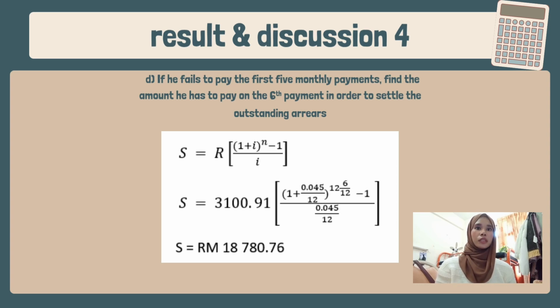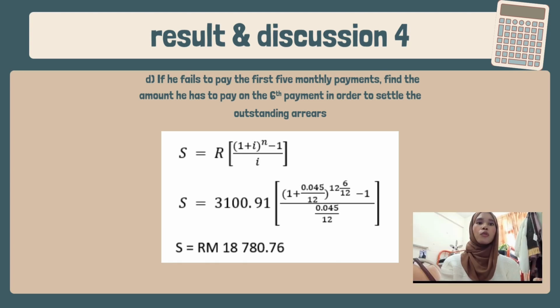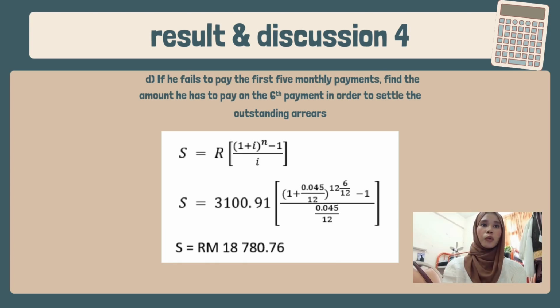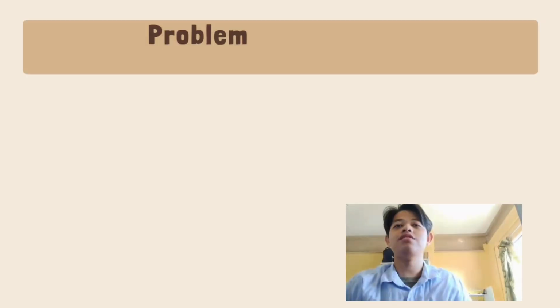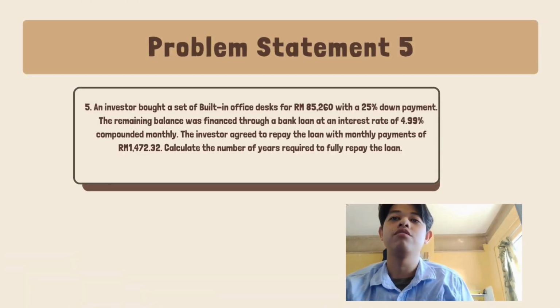S equals 3,100.91 open square bracket 1 plus 0.045 per 12 close bracket power of 6 minus 1 per 0.045 per 12 close square bracket. If we calculate the square bracket, the answer is 80,780.79 ringgit.